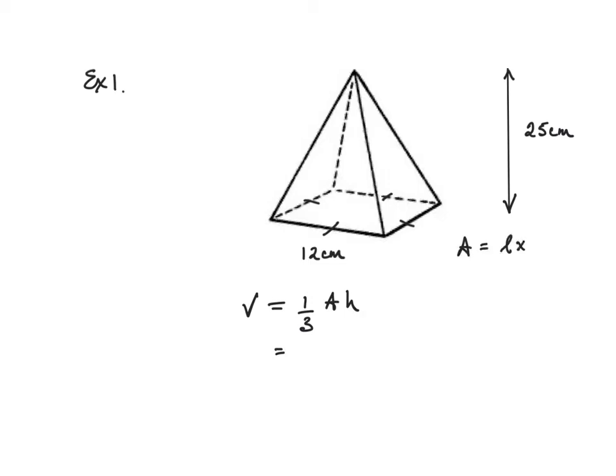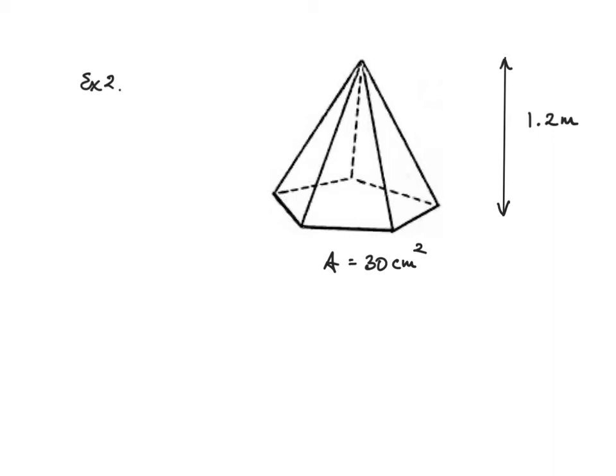It's length times breadth, 12 times 12 because it's a square that we're dealing with, and 12 times 12 is 144 centimetres squared. So 1/3 of 144 times 25, that might be one for your calculator, and that gives us exactly 1200 centimetres cubed.